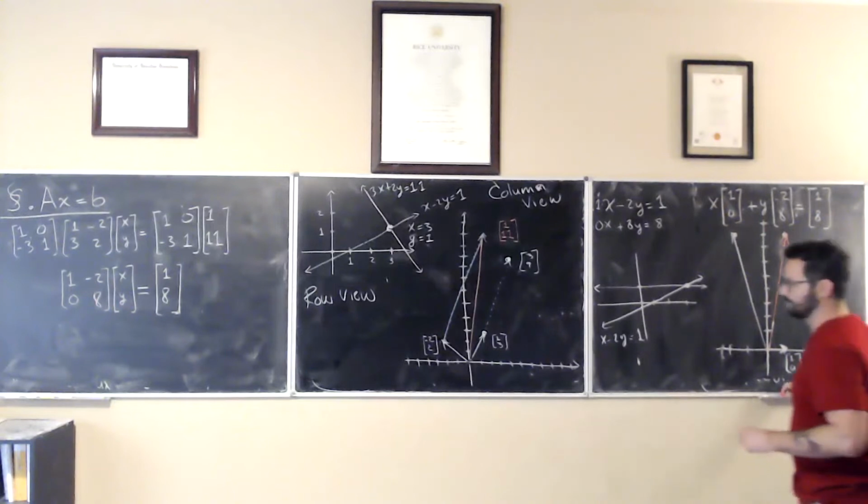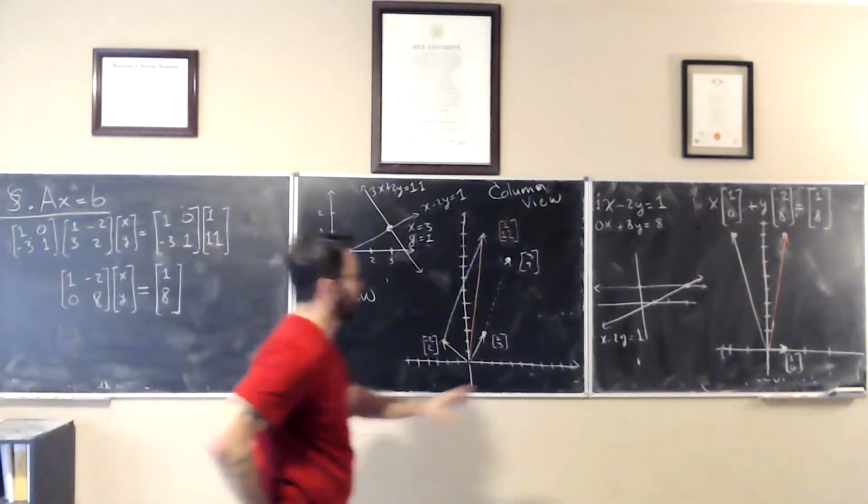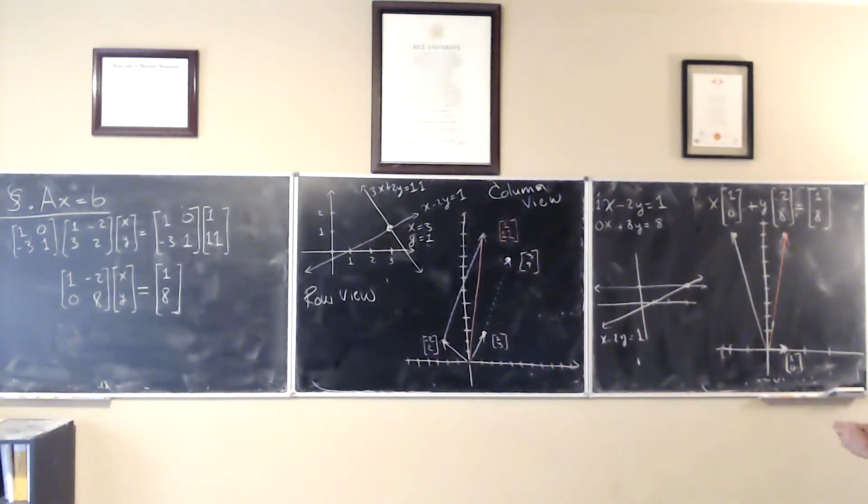You see that there? Now, what is interesting about the column picture, hopefully you can see that. Well, there are two things to note. First off, did I draw my pictures right? Yeah, I did. Notice now that the second coordinate for these two vectors is the same.